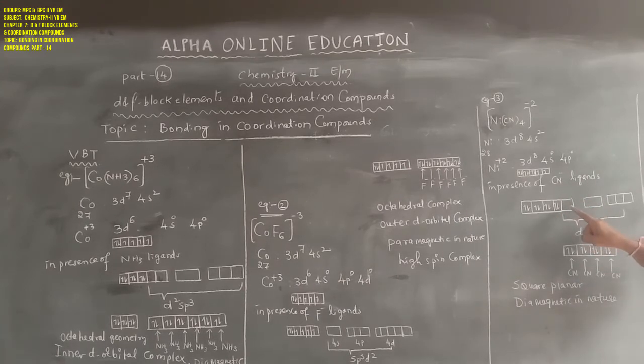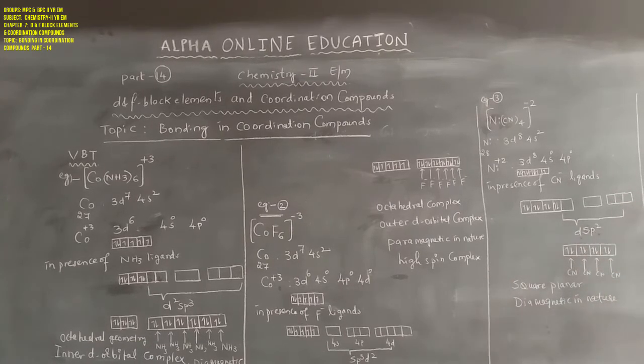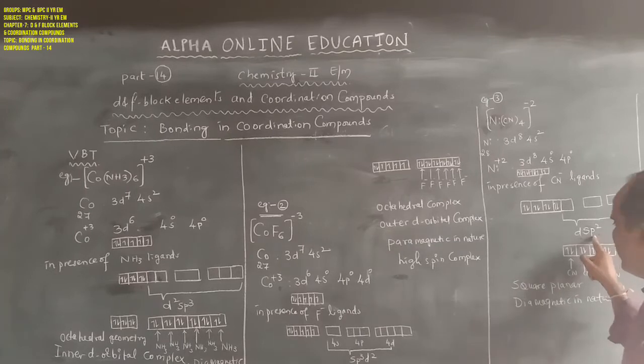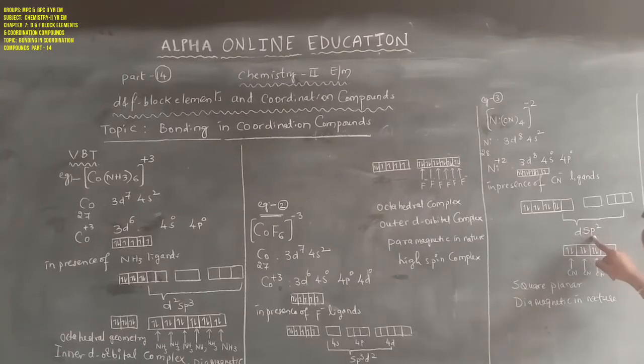Then one d orbital is empty. This 3d orbital, the 4s and two 4p orbitals are involved in dsp2 hybridization. Because of dsp2 hybridization, the shape is square planar.